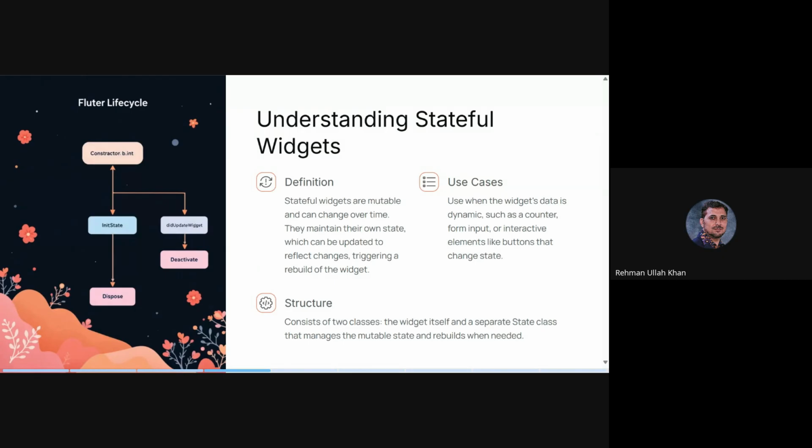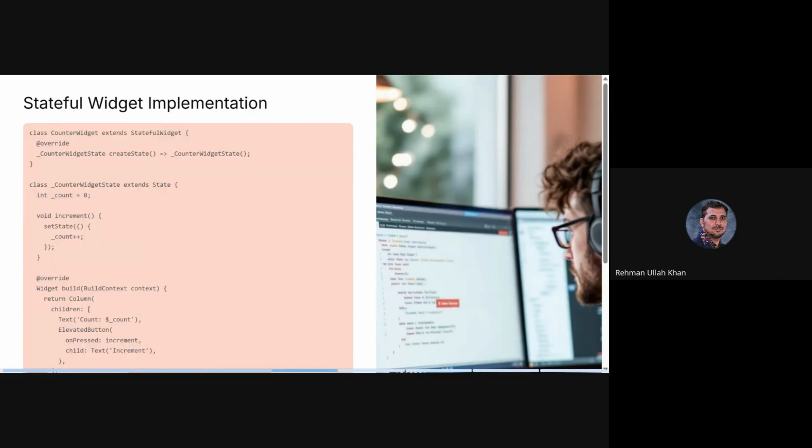So this is why it is a stateful class. Whenever you need any UI that changes when the user interacts with it, we should use a stateful widget. This is just a sample code where you see this count keeps updating, and it is in a stateful widget.